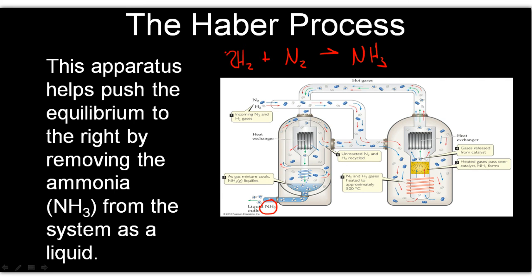I guess this is a 3, and that's a 2. So as long as some of this stuff is being removed from the system, that means it is continuously pushing to make more of this ammonia, which is a very necessary component of fertilizers. So that's how we're able to produce all the plant food that we need, is this process right here, discovered in the early 1900s.